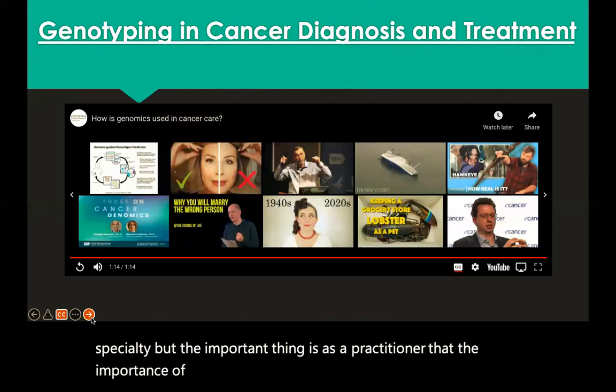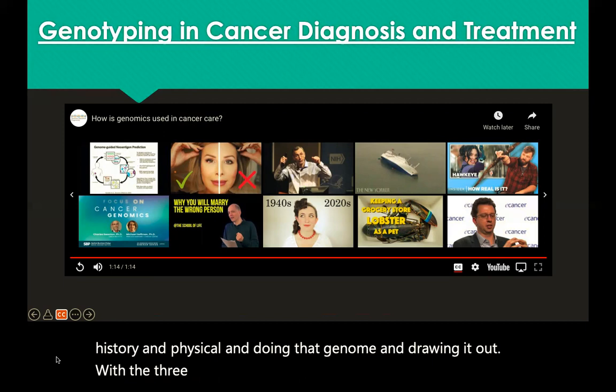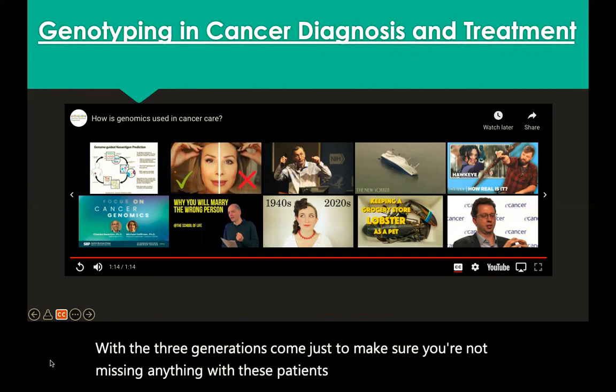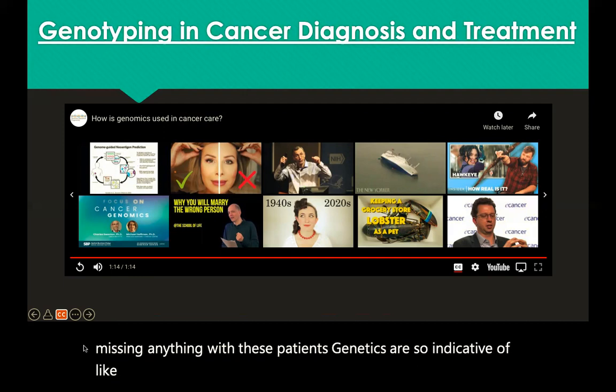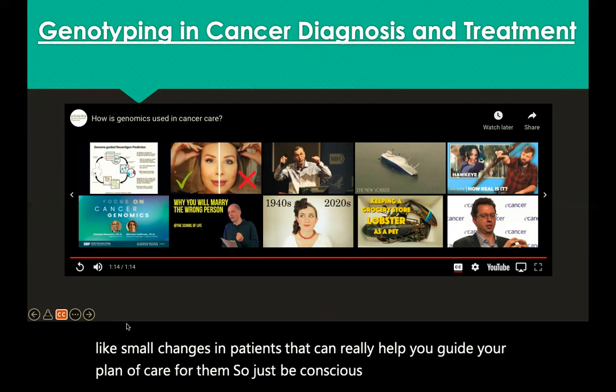And we talked about going through your patient's history and physical and drawing out the genome with the 3 generations, just to make sure you're not missing anything with these patients. Genetics are so indicative of small changes in patients that can really help you guide your plan of care for them. So just be conscious of genotyping and how it's used in cancer diagnosis and treatment.